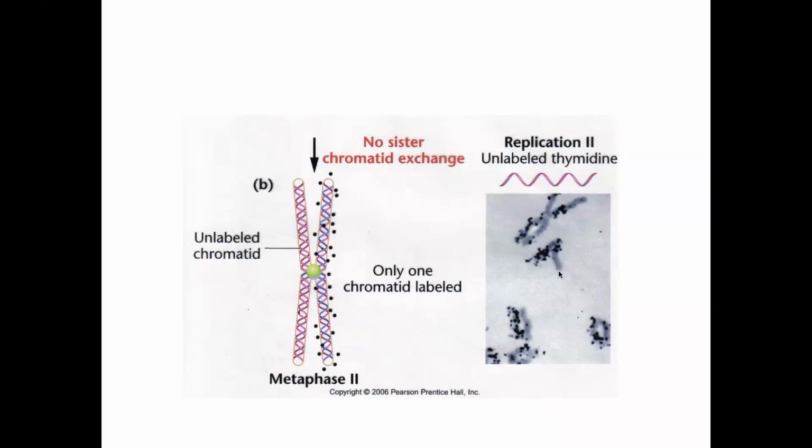I should say that actually this Taylor, Woods, and Hughes experiment was published a little bit before Meselson and Stahl. So even in this more complicated biological system, the multicellular system and multiple chromosomes, they were actually able to answer this question prior to even Meselson and Stahl.